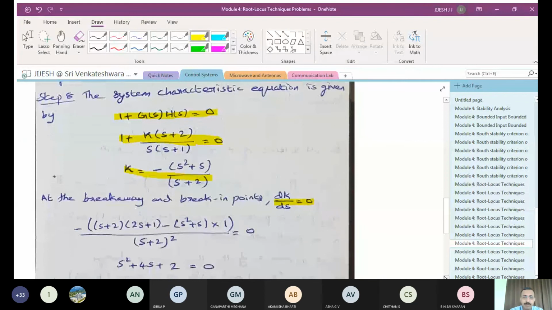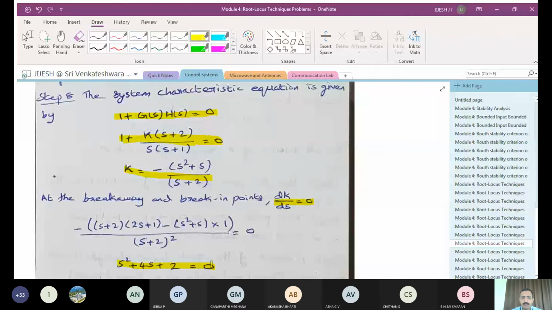When you simplify by cancelling out the terms, you end up with the equation s square plus 4s plus 2 equal to 0.